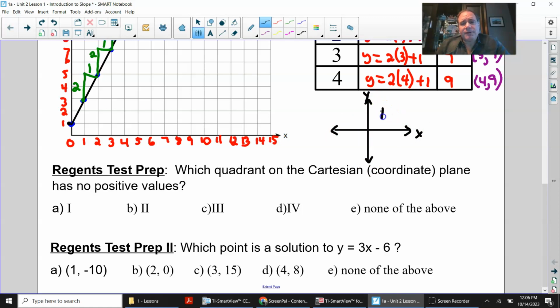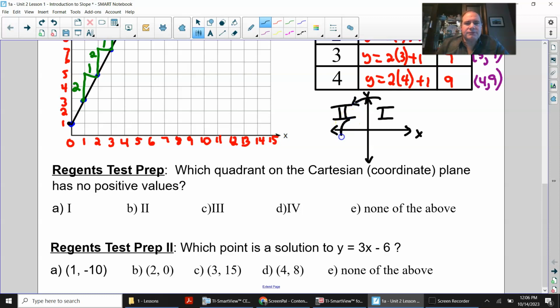So the first quadrant is always the positives, going to the right and up, both positive. Then you go counterclockwise to the second quadrant, going this way.